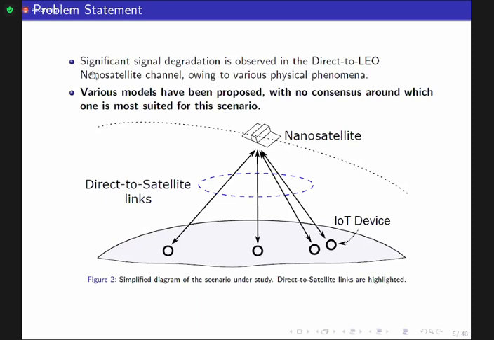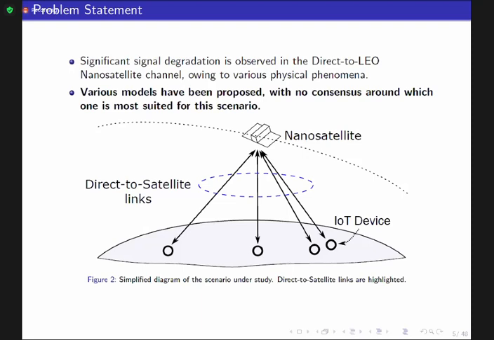So what's the problem statement? What's exactly the topic that we're trying to address? Due to the nature of this scenario, there's significant signal degradation from many sources, mainly physical phenomena. Many models in the literature have been proposed to tackle this problem, but there's no consensus on which one is best suited for this scenario. On screen, you can see a very simplified representation of the scenario we're studying.